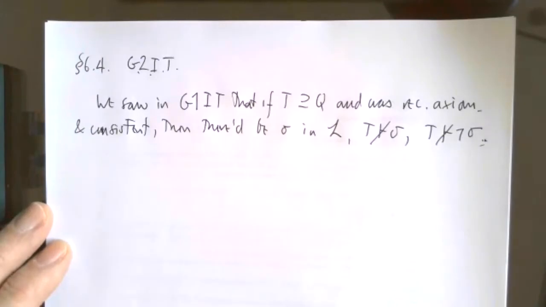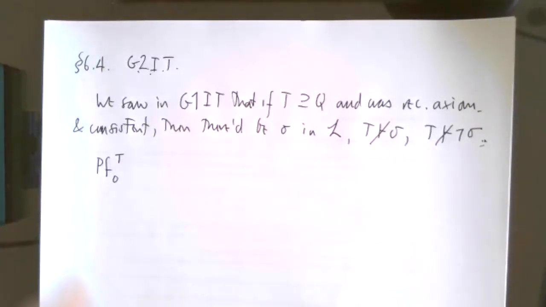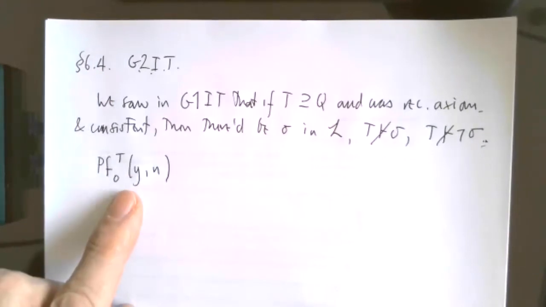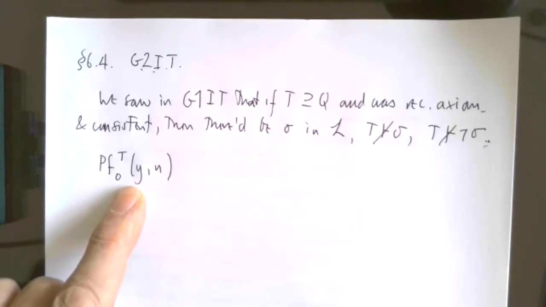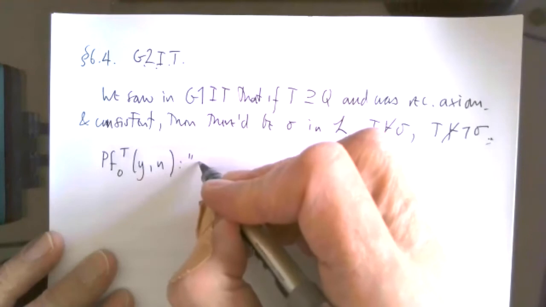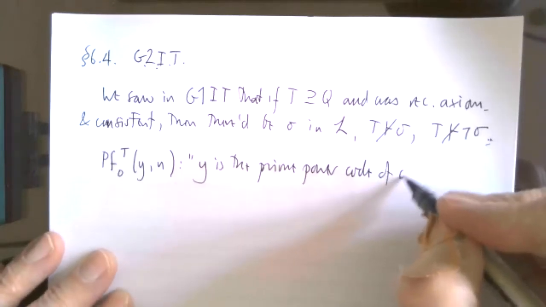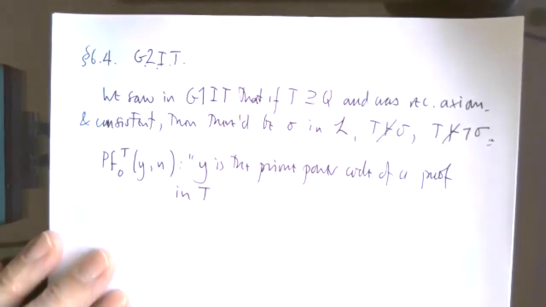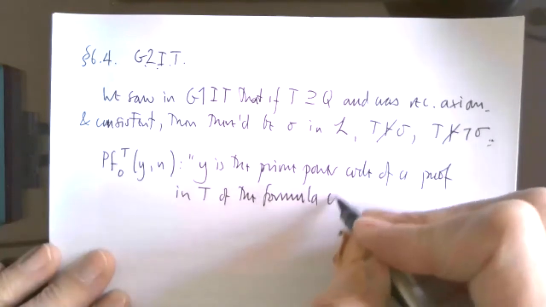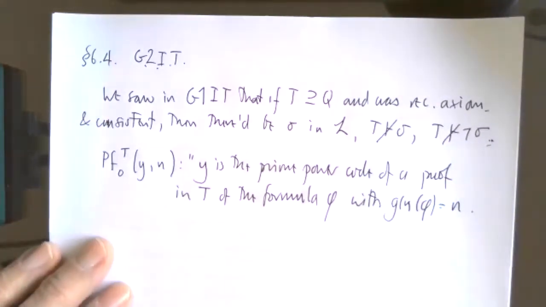Now, as I said on the board at the beginning of the talk, we've got this relation that says that y is the prime power code of a proof of some formula phi in the algorithmically given T, and the Gödel number of phi is n.